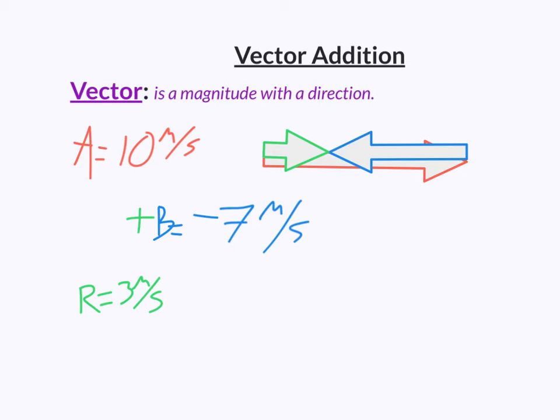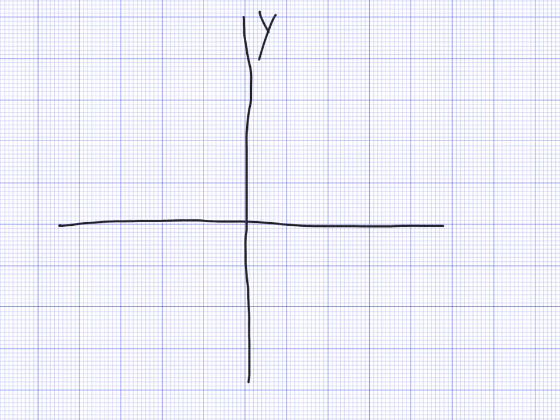There's just one more part we need to understand. See, the problem with vectors is a lot of this was created on graphs. And so with graphs, you have a y-axis and you have an x-axis, right? And we can determine what their values are going to be based on which way they're going.